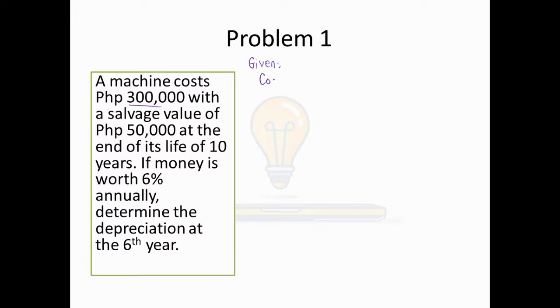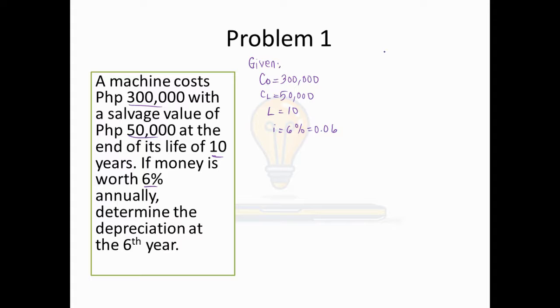So let's write the given. We have C sub 0, or the initial cost of the machine, which is 300,000 pesos. The salvage value, or the C sub L, is 50,000 pesos. It's also given its useful life, so L is equal to 10. And the money is worth 6% annually, or I is equal to 6% or 0.06.